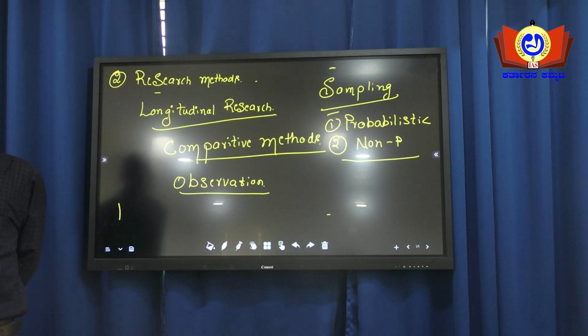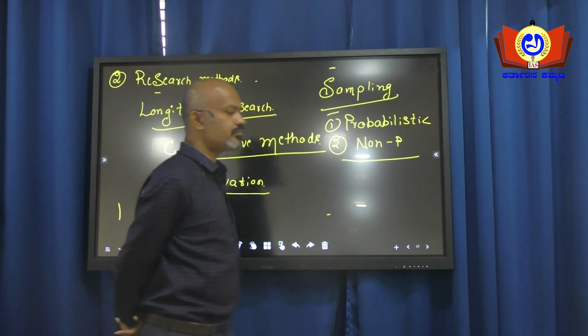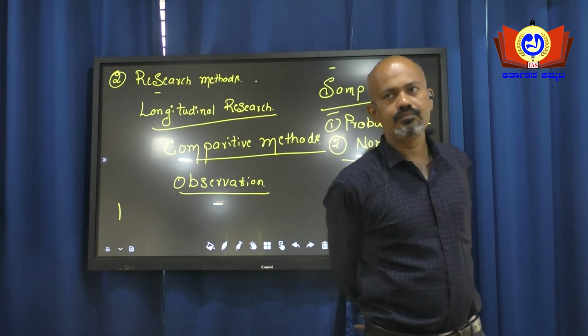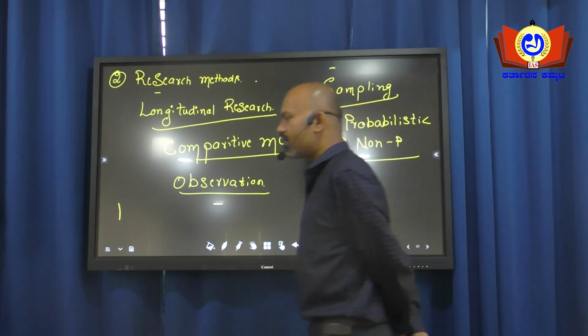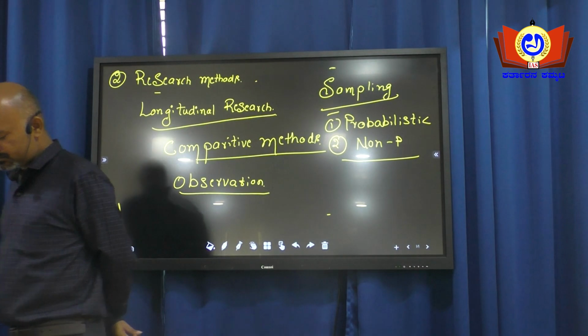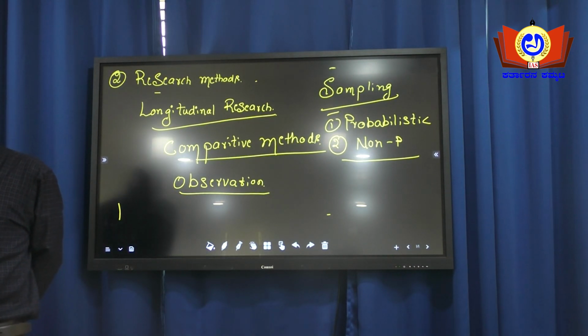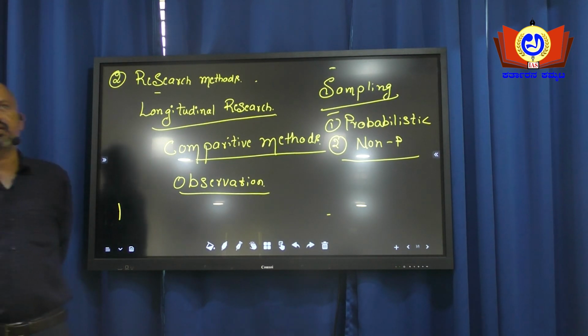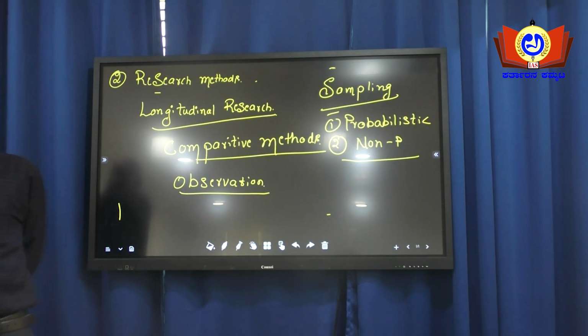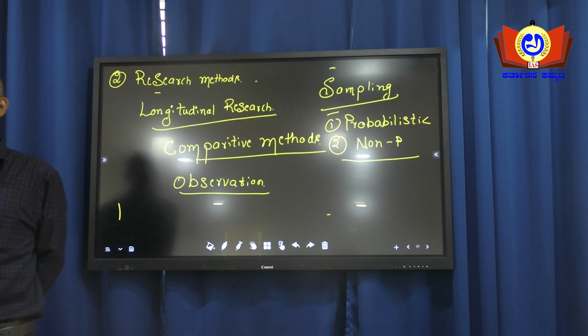Third point, cluster sampling, very important, multi-stage sampling, etc. Non-probabilistic sampling, you can take examples or types such as quota sampling, snowball sampling, S-N-O-W, snowball sampling, volunteer sampling.